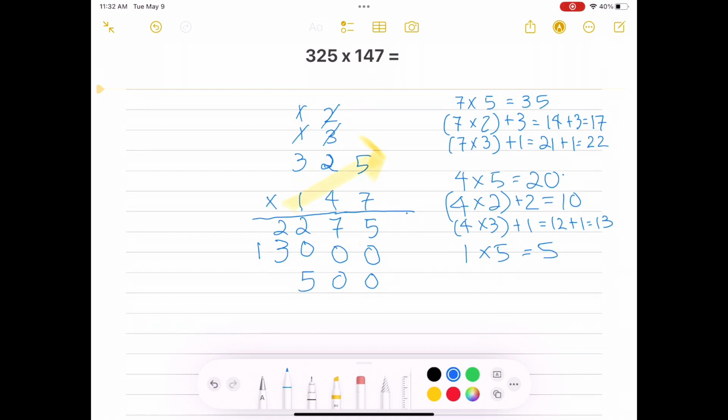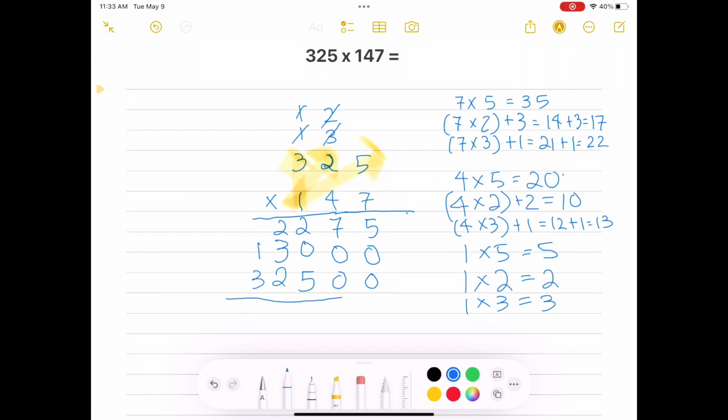And now we have 1 times 5 equals 5. And then we multiply the hundreds digit of the lower number by the tens digit of the top number. So that's 1 times 2 equals 2. And we write down the 2. And then finally, the 2 numbers from the hundreds digits together, 1 times 3, which is 3.